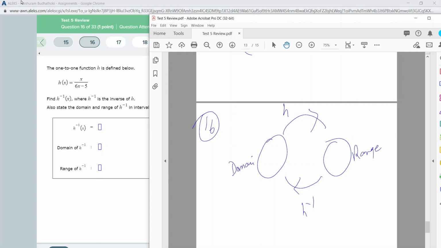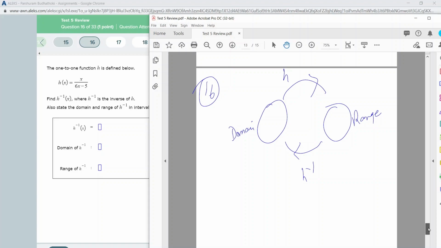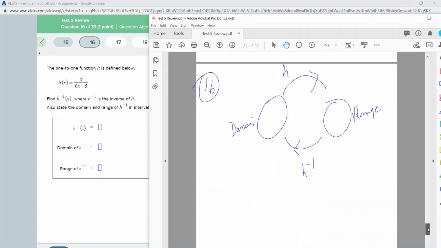So if you can find the domain and range of H of x, that will help you to find the domain and range of H inverse. It's just the opposite. Okay, so I will just let you do this. It's very similar to the previous problem. You just have to know the relation between the domain and range of H and H inverse.